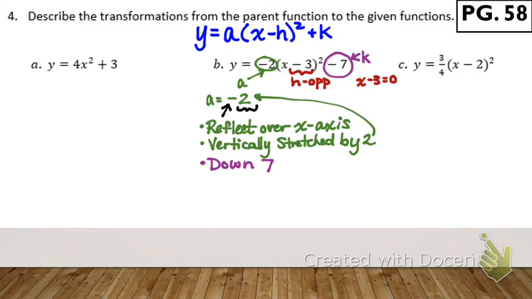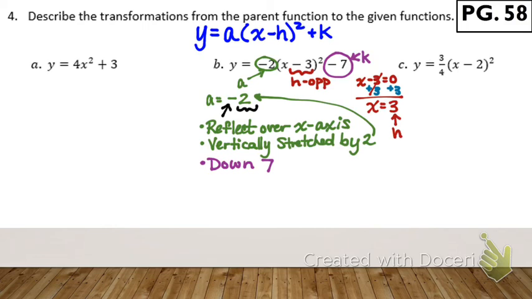Mm-hmm. And then you do the same thing to both sides. Yes. So am I adding or subtracting here? Adding. I'm going to add 3 to both sides because it's a negative 3. So x equals 3. That is my h value.